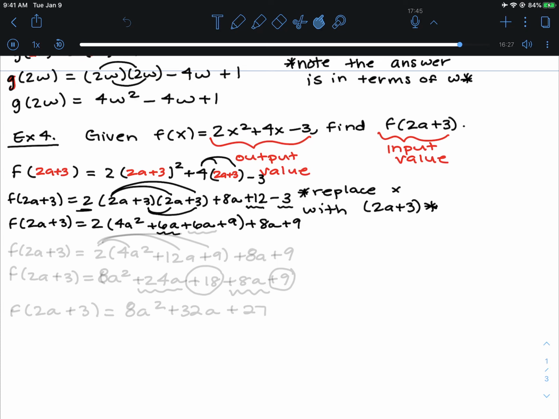You can also combine these two terms to give you 12. So you're going to get f of 2a plus 3 equals 2 times 4a squared plus 12a plus 9 plus 8a plus 9. So now you have to distribute this 2.